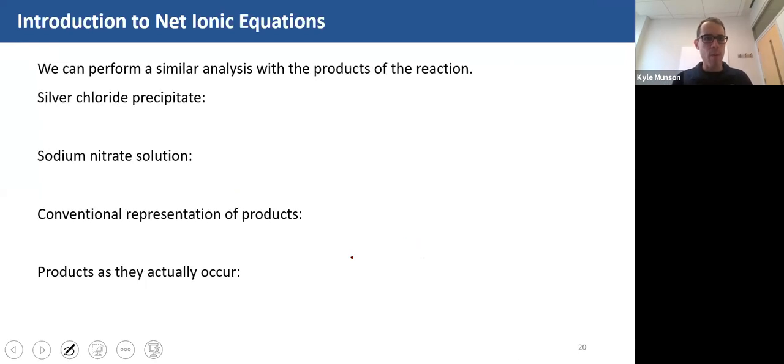Okay, so we can perform similar analysis with the products of the reaction. So if you did the double replacement reaction, you would get silver chloride precipitate, okay, which means solid. And the symbol we're going to use for that is just an S. This is something we saw before.